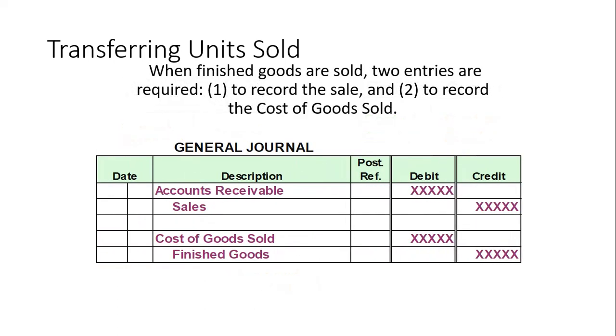So how to record this one is debit COGS and credit finished goods. And for the sale transaction, we debit accounts receivable or cash and credit the sales. So basically for the transferring of units sold, you have two transactions. One is recording the cost of goods sold, another is recording the sales transaction, right?